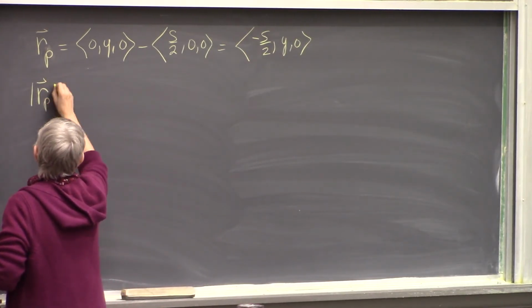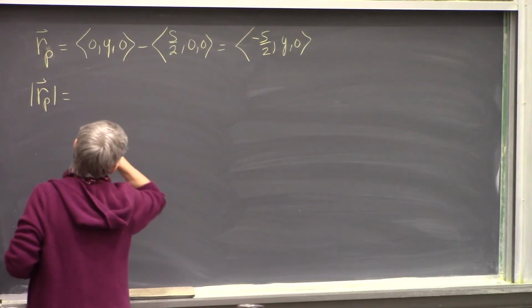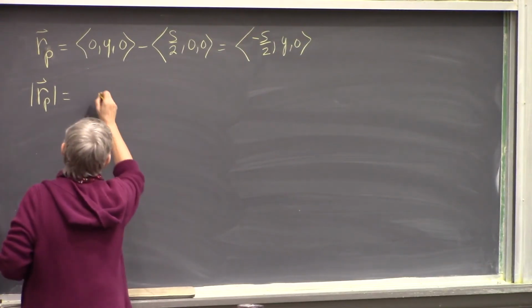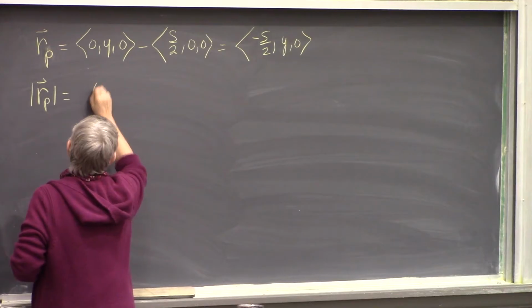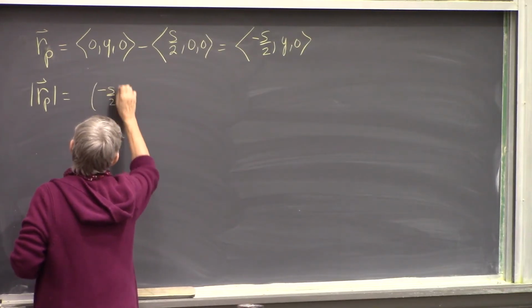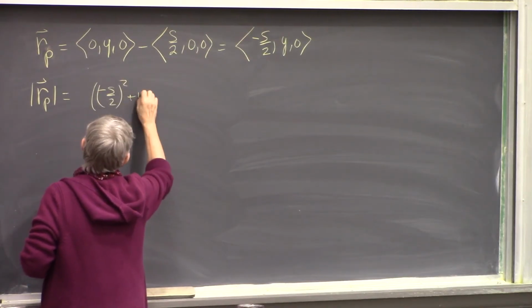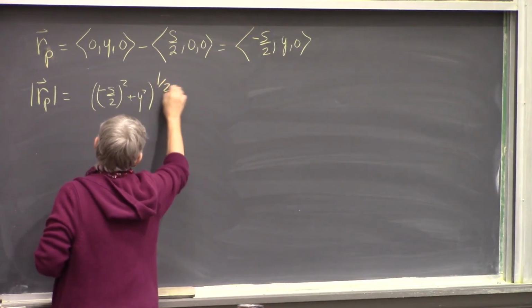The magnitude of r plus is going to be the square root of minus s over 2 squared plus y squared.